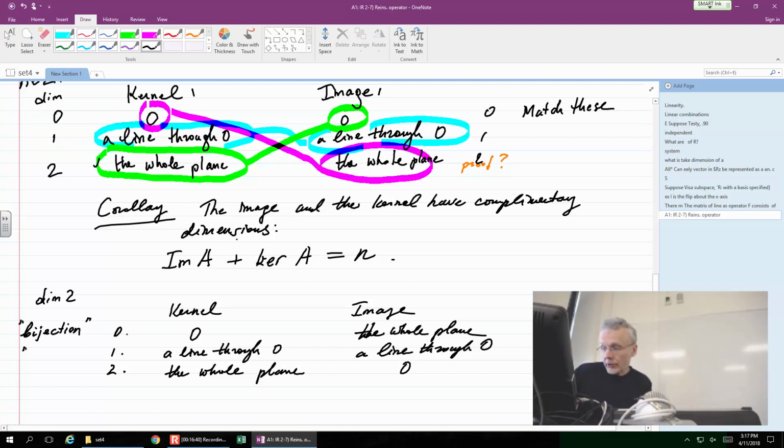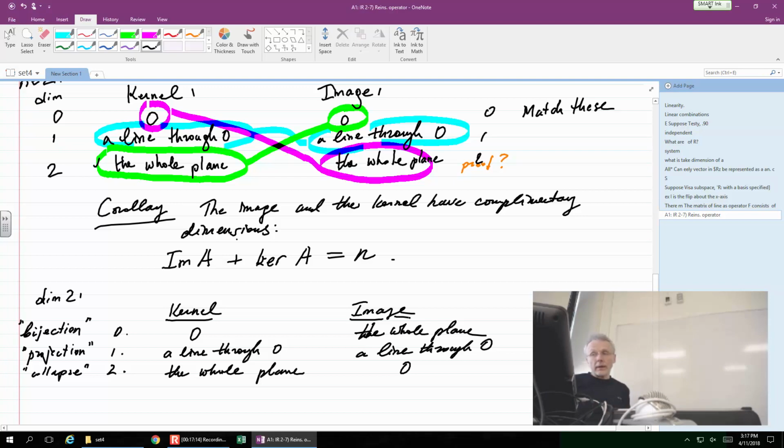A projection, the second one. My image is a line through 0, and we make an orthogonal projection of the whole plane on that line. And the third one I will describe as a collapse, because everything goes to 0, to one single point. Then you can imagine that in higher dimensions this becomes more complicated. In n dimensions, you have n plus 1 rows in this table.